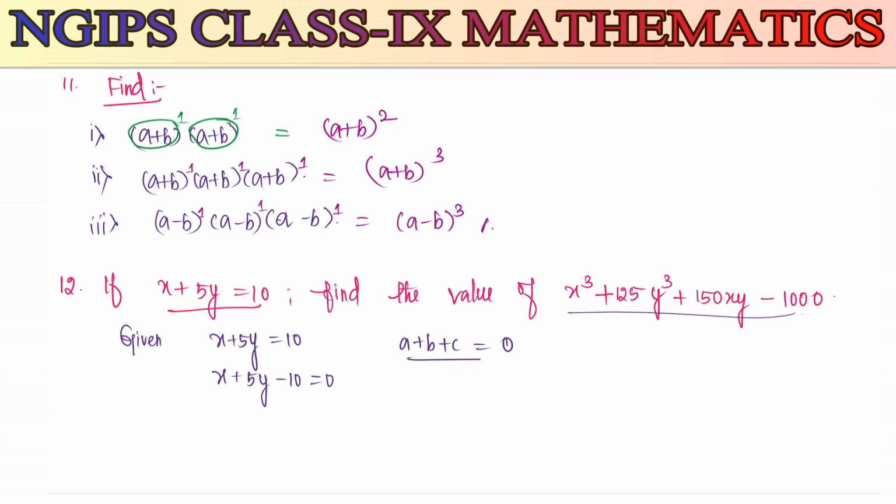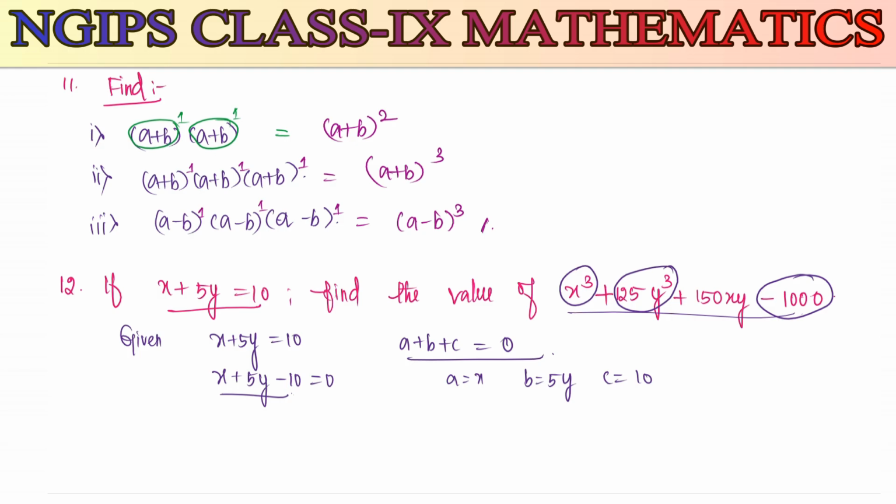Now here I can consider a is equal to x, b is equal to 5y and c is equal to minus 10. Actually we need to find x cube, 125y cube, and minus 1000, right? So I am going to take a cube.